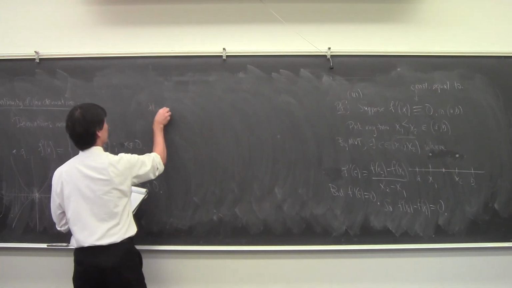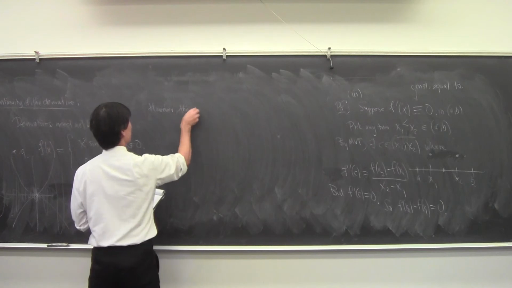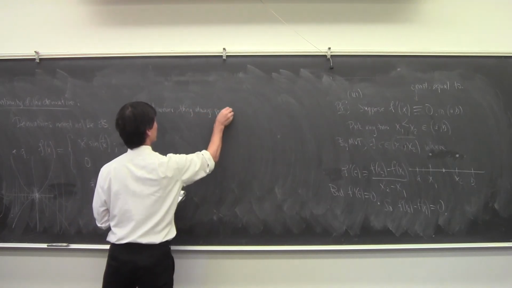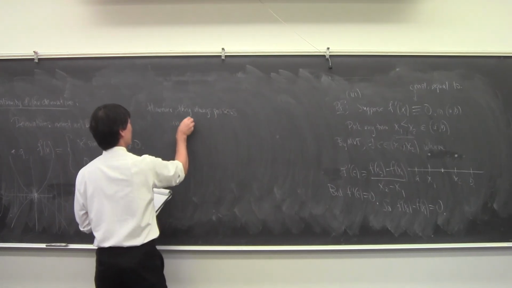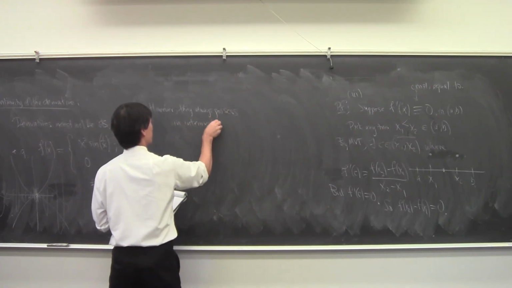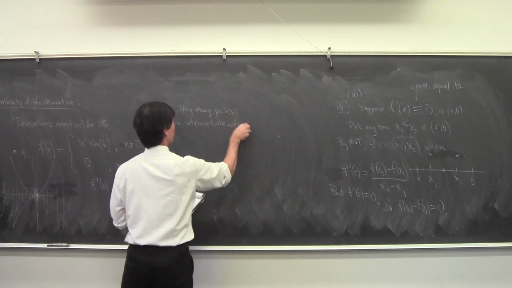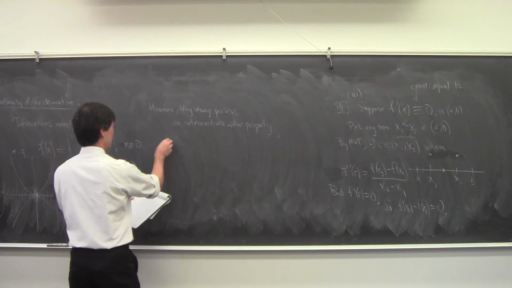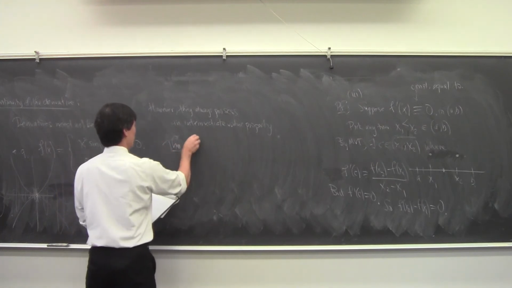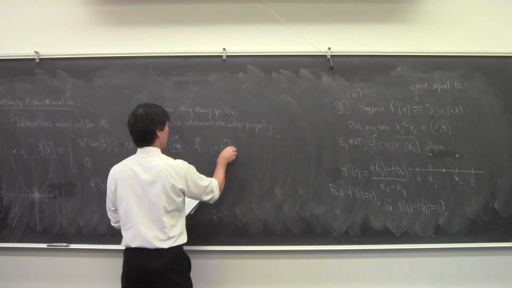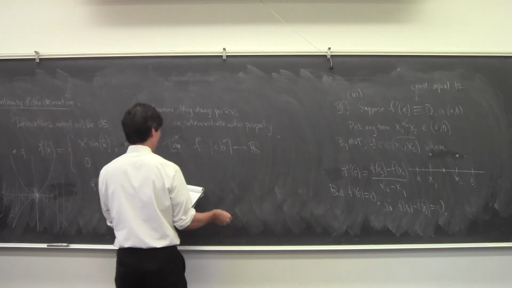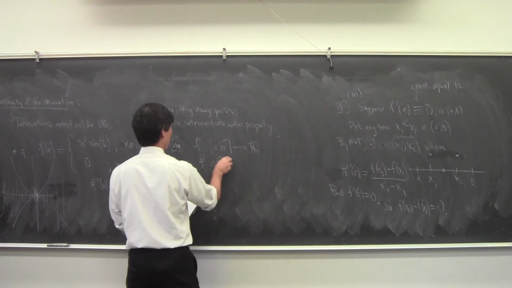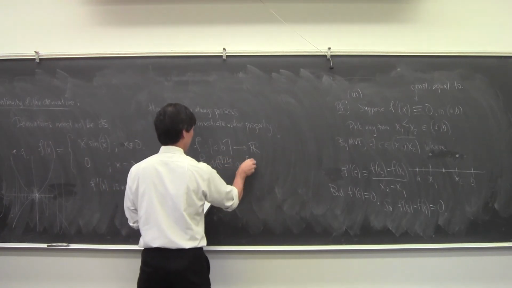However, they always possess an intermediate value property. And this will be pretty simple to prove. So here's the theorem. You have some function on some closed interval a, b, and it's differentiable on that interval a, b.